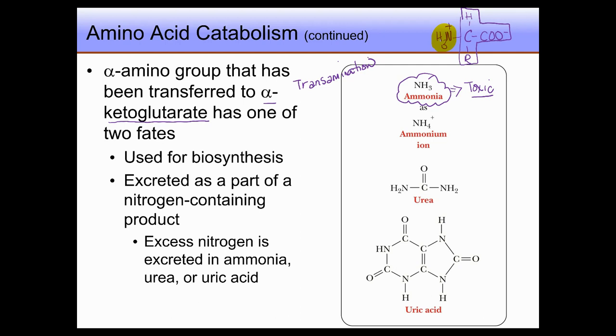When it gets transferred onto alpha-ketoglutarate, then it can go through the bloodstream. Usually that transformation takes alpha-ketoglutarate to glutamate, and you don't need to know that specifically. But once it gets transferred and you form a new molecule, that molecule is now a safe way for the NH3 to get transferred through the blood. And then ultimately, it could be used to make other molecules in other pathways, or it can be excreted out, and that gets shuffled through the urea cycle.